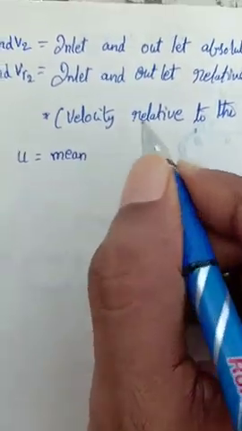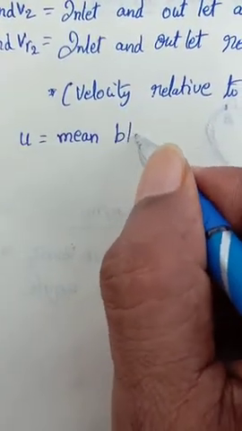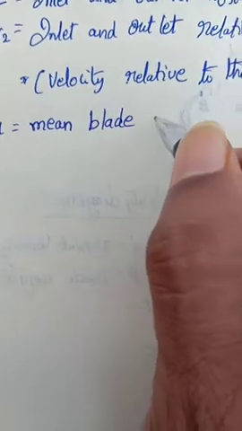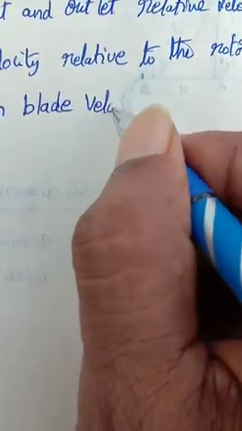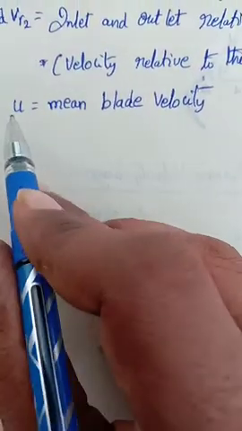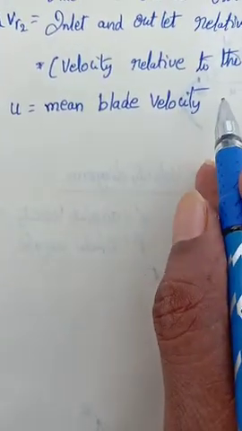Now U is equal to mean blade velocity. So U is equal to mean blade velocity.